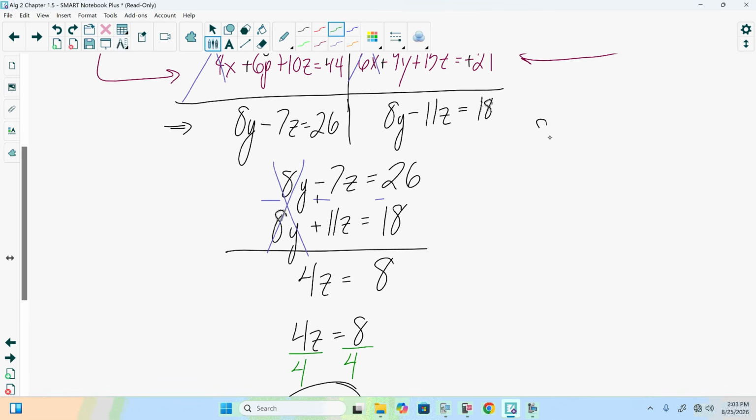What we can do is we can take this equation and plug in z. Because we know z is 2. So 8y minus 11 times 2 equals 18. So by plugging that back in, plugging z back into this, we have now made an equation with one variable.